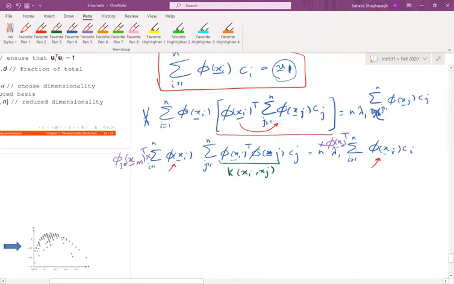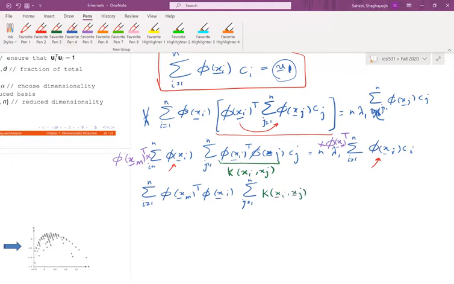I can move phi of xm inside this sigma on the left because it's independent of i, right? So I will have summation of i equals 1 to n, phi of xm transpose phi of xi, summation of j equals 1 to n, I already have this like a kernel, xi and xj, multiplied by cj, is equal to n lambda 1.